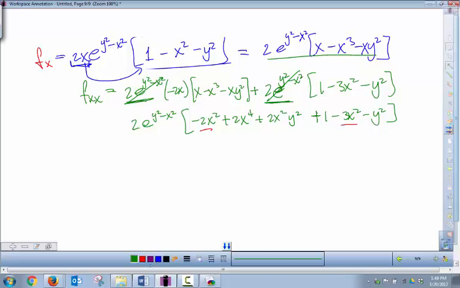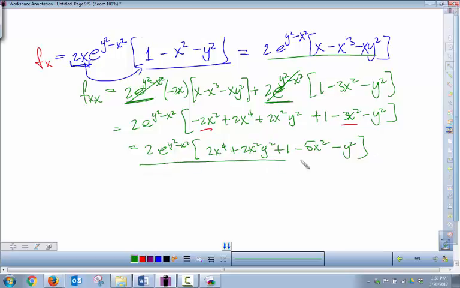Okay. All right, so this will end up being 2e to the y squared minus x squared times, now I'm going to combine these two. It'll be 2x to the 4th plus 2x squared y squared plus 1 minus now 5x squared minus y squared. So that's fxx.